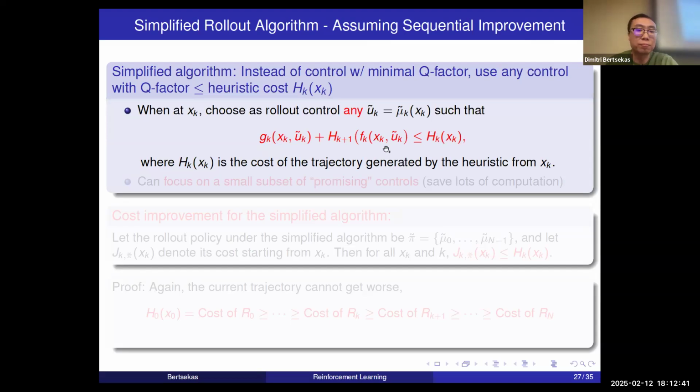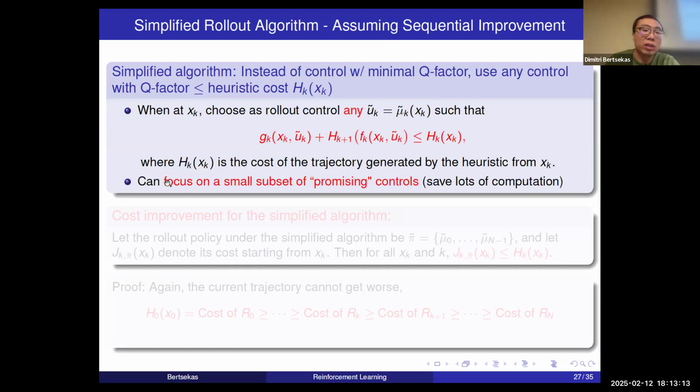Now, the simplified rollout tells us, instead of looking for the one that attains the minimum of the Q factor, we can choose as the rollout control any control whose Q factor is no more than the one given by the base heuristic. So Hk of xk is the cost of the trajectory generated by the heuristic from xk.